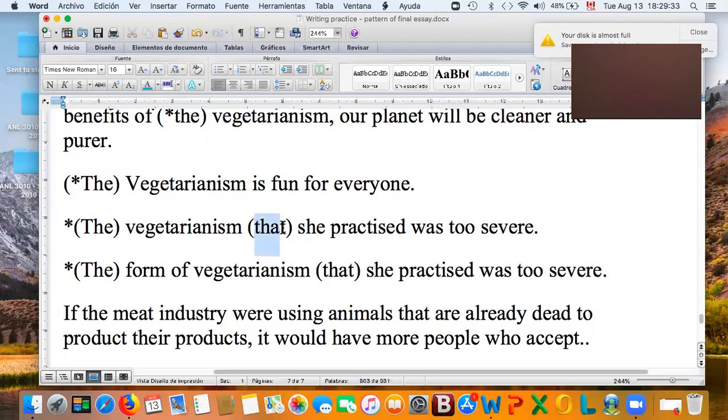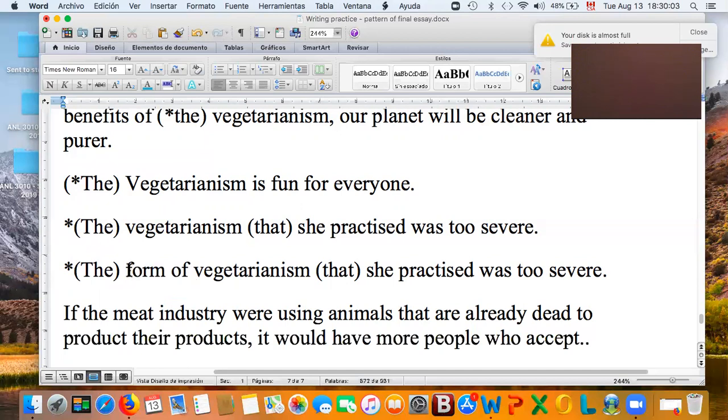And remember, this here is in parentheses, there are no asterisks. That means that it's optional. So the vegetarianism she practiced, the vegetarianism that she practiced. And one way of illustrating this is that when we say the vegetarianism that she practiced, what we really mean is the form of vegetarianism.